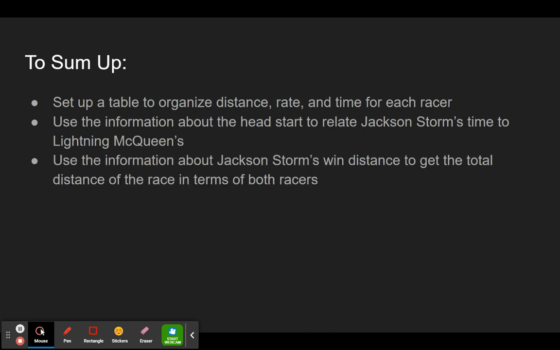Use the information about Jackson Storm's win distance to get the total distance of the race in terms of both racers' distances. Set the two expressions for the total distance in the race equal to each other and solve. And once you know that time, again, you can plug it back in to one of the distance expressions and find the distance.